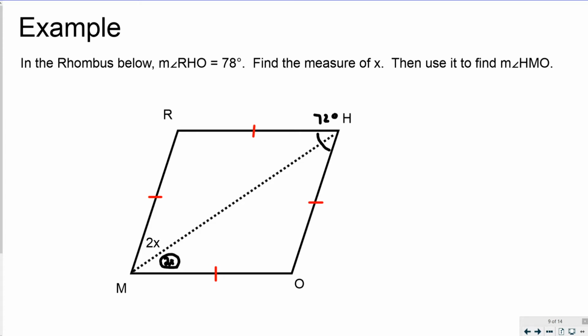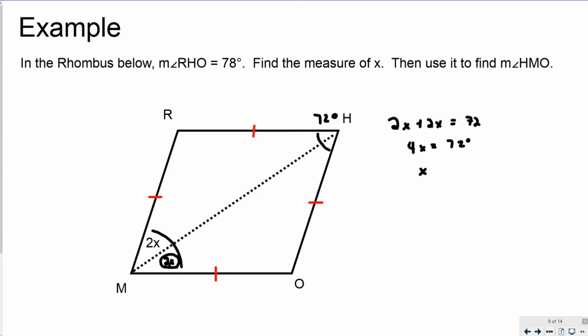And together, those angles, the 2x and the 2x, have to equal the angle up at the top. So the half plus the other half has to equal the whole angle. Two halves equal a whole. So you get 4x equals 72 degrees.